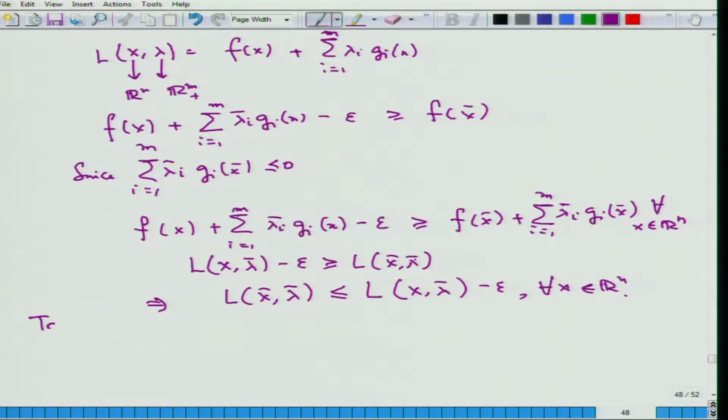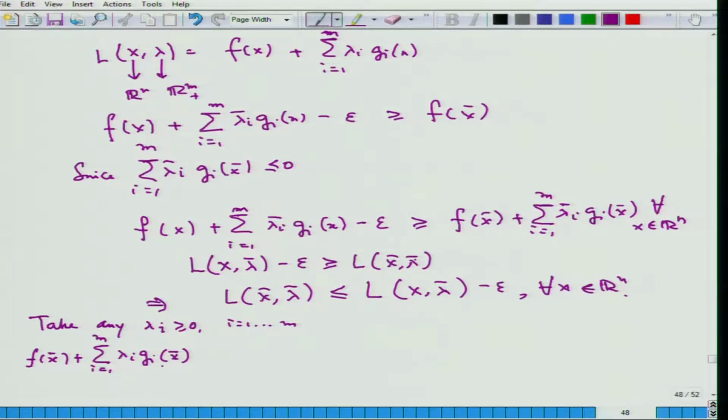Take any lambda I greater than equal to 0, then f x bar plus summation I equal to 1 to m lambda I g I x bar, where x bar is an approximate solution. So, x bar is in C, so g I x bar is less than equal to 0.